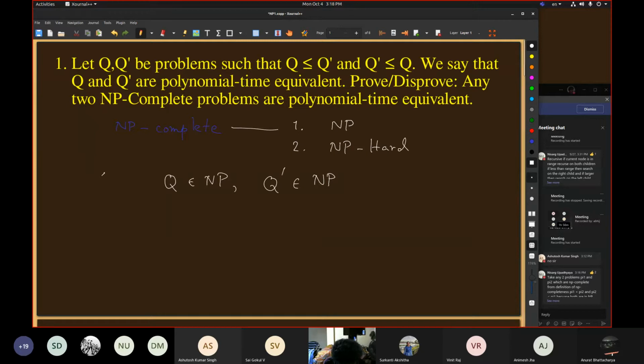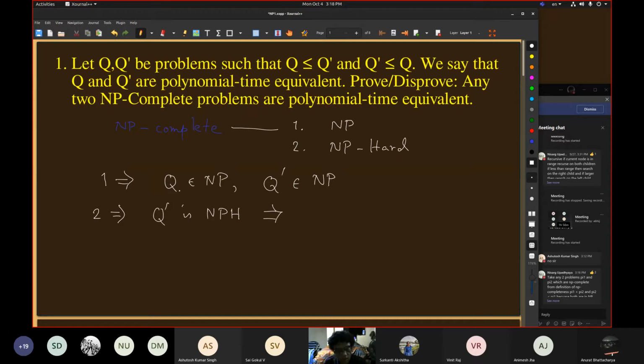And by requirement 2, Q prime is NP hard. This implies that, by definition, every problem in NP reduces in polynomial time to Q prime because it is NP hard.